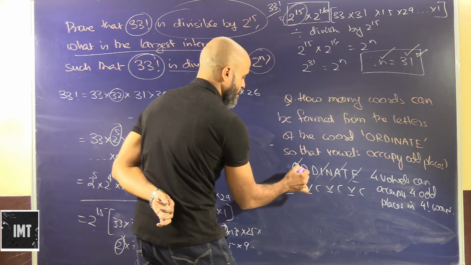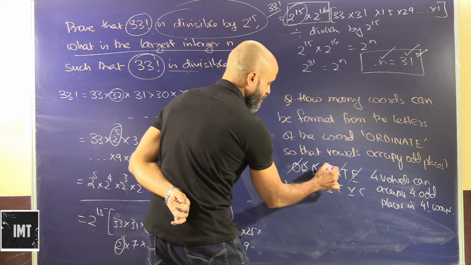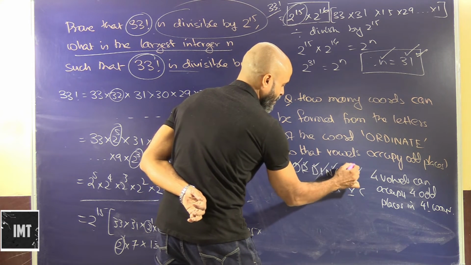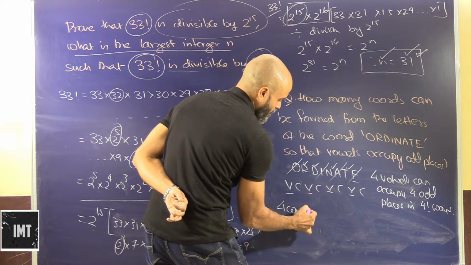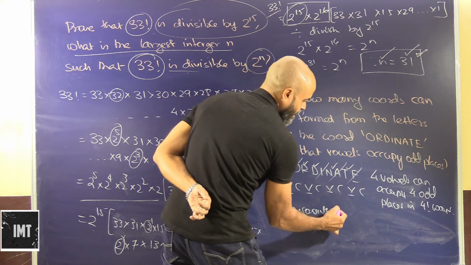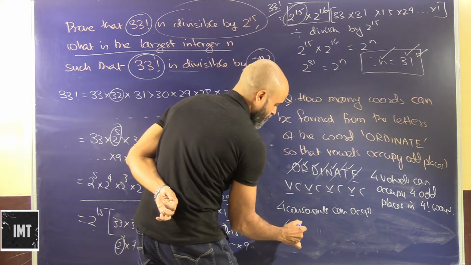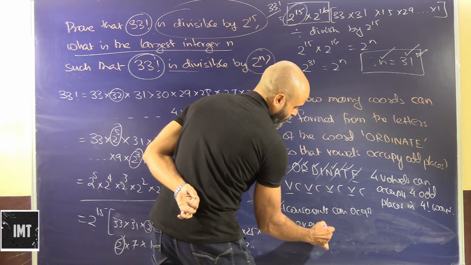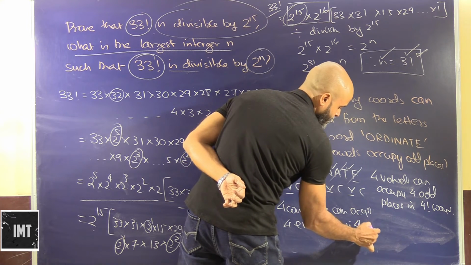And the 4 consonants, that is 1 2 3 and 4, the 4 consonants can occupy 4 even places in factorial 4 ways.